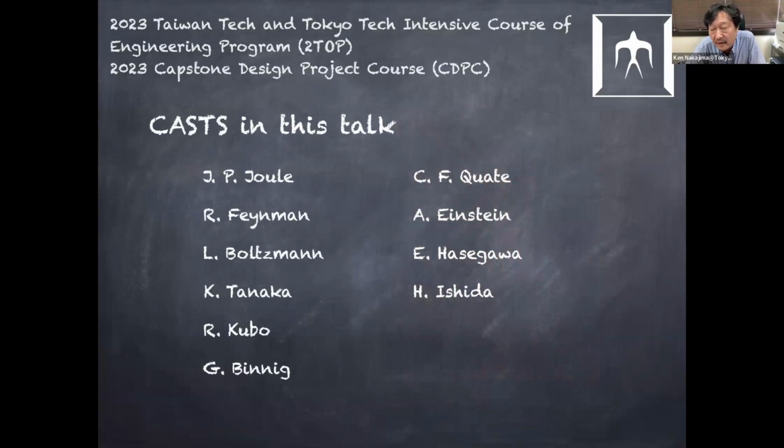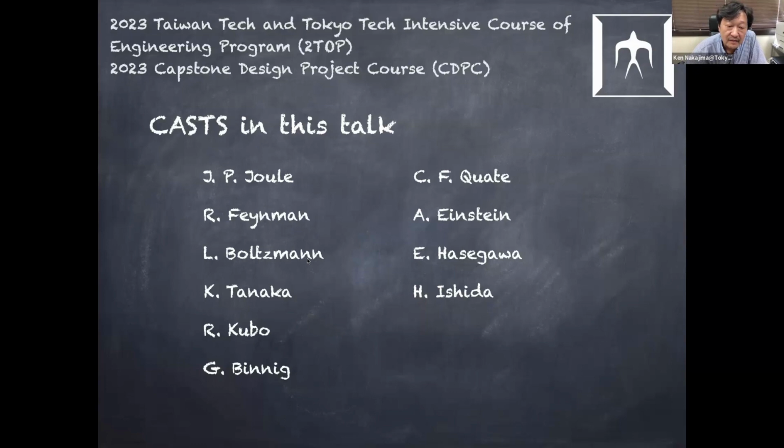During my lecture, I will mention several big names. For example, Joule, a French scientist, very famous in the field of thermodynamics. Although you are in engineering, you may still have heard about his research, for example, Joule heat. He is a founder of so-called thermodynamics.